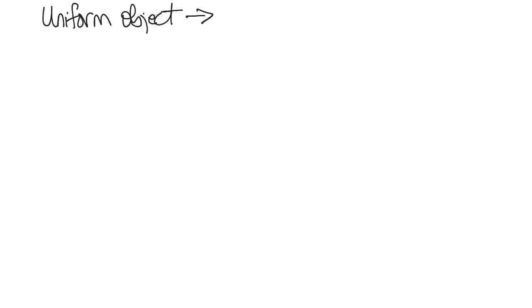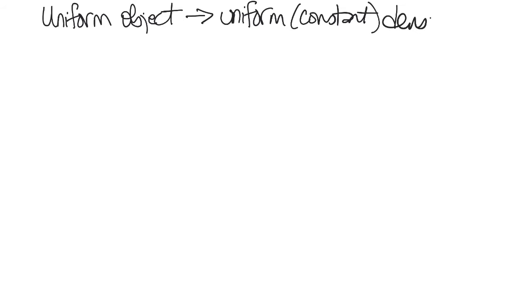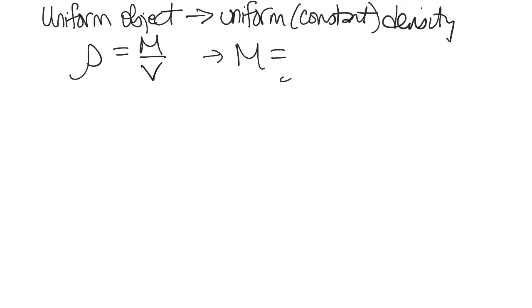What does uniform even mean? Uniform means that it's a constant density. And hopefully you remember that density is mass over volume, and we can switch that around and write m equals rho v.